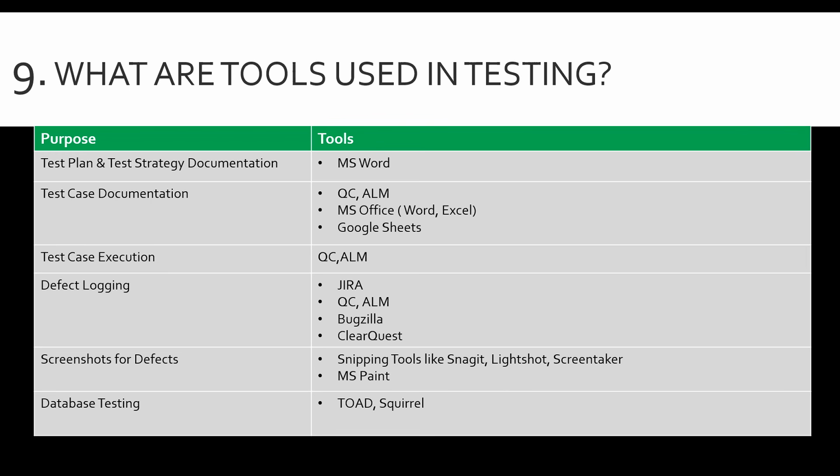This helps to provide more details in the defect for the business analyst or the development team for quicker resolution. And in case there's database testing involved, then Toad or SQL is commonly used. So these are some commonly used tools. You can just pick and choose based on your experience while answering this particular question.